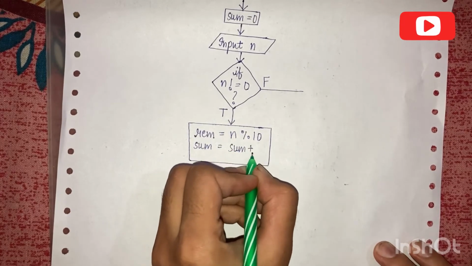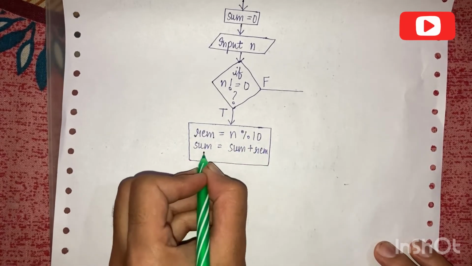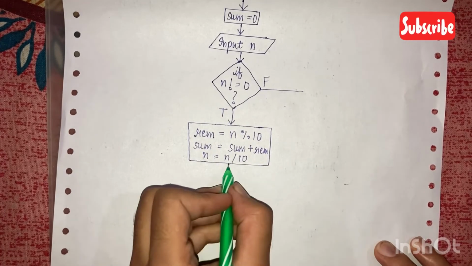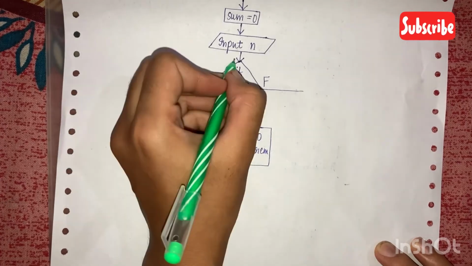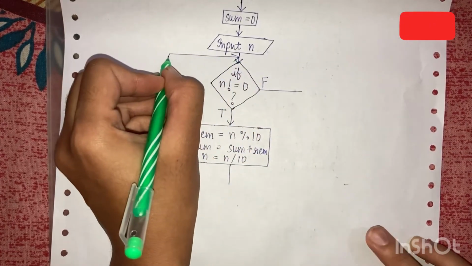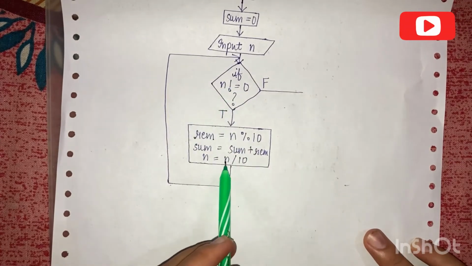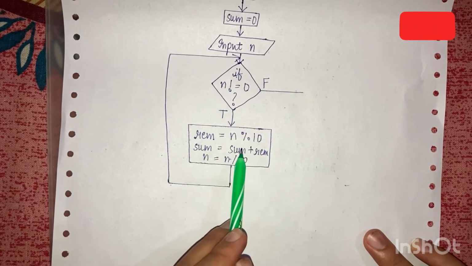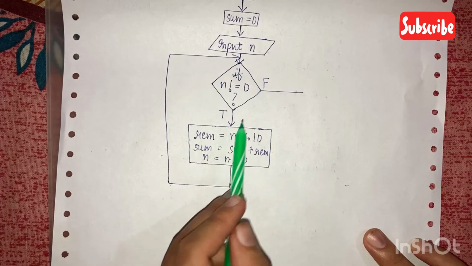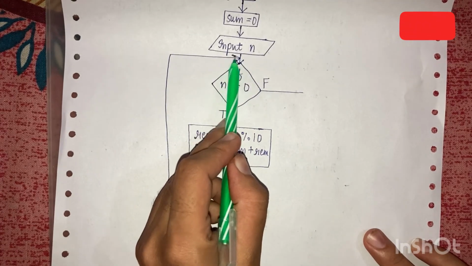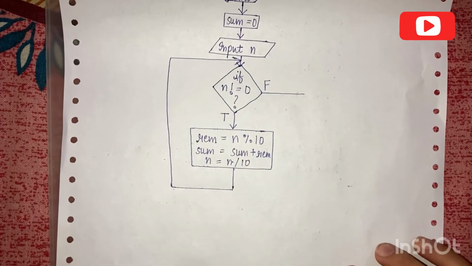So this is how we write sum is equal to sum plus rem, and the last step is n is equal to n by 10. And this we connect back to the while loop condition, because after checking the condition once, it will perform these operations, then it will again check the condition.